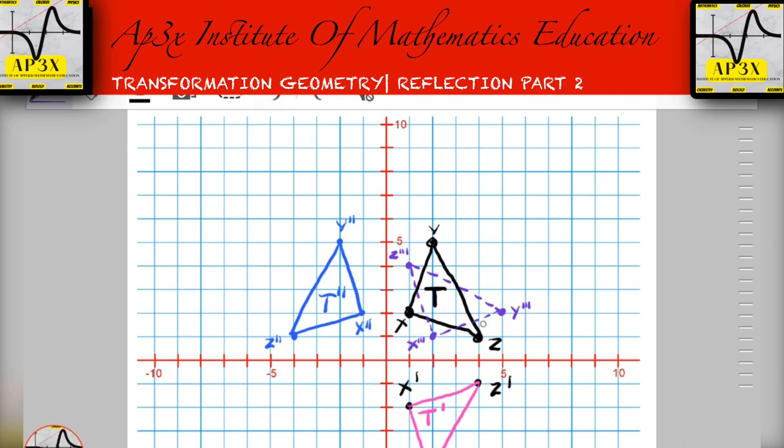So it's going to be a little bit hard to predict, which, as I said, comes with a little bit of experience, the process of elimination. When you look at the black triangle compared to the purple one, it is definitely not a reflection in the x-axis, and it most certainly is not a reflection in the y-axis.